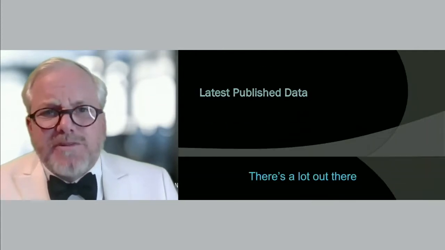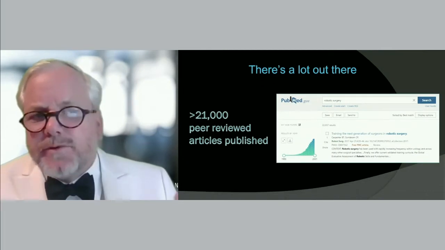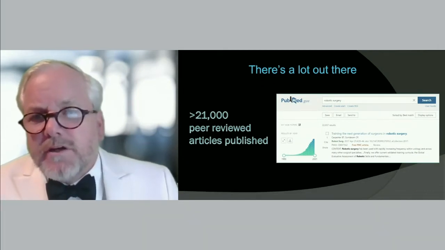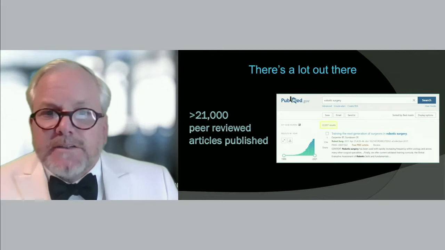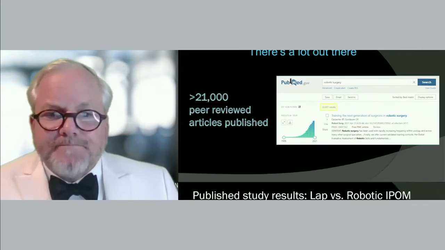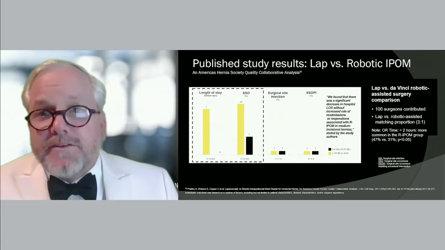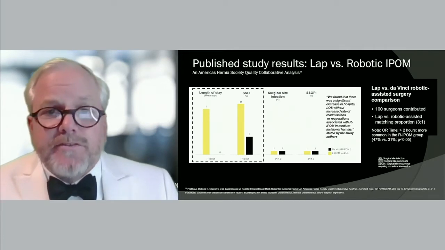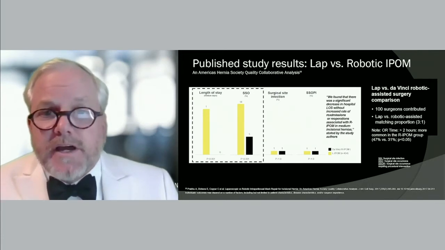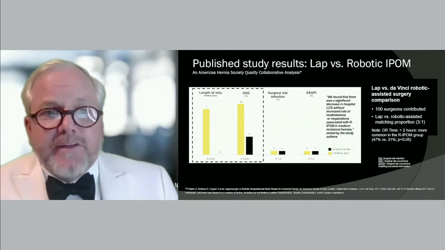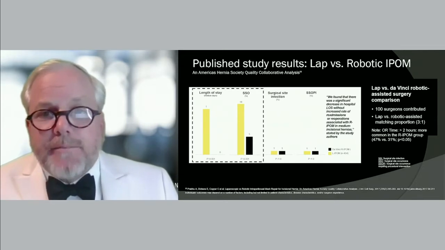There's all kinds of published data out there, over 21,000 peer-reviewed articles that involve robotic surgery. So there's a lot out there. Again, I talk about this study a lot. This was out of the American Hernia Society Quality Collaborative, comparing laparoscopic IPOM to robotic IPOM. And I think four really good things came out of that for me.